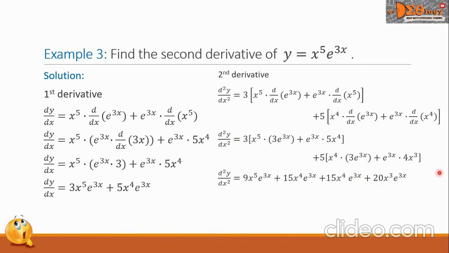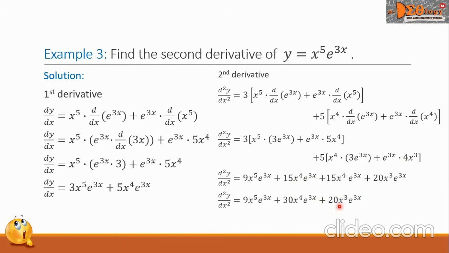On this line, please observe that the middle terms here are similar terms, so we can combine them. So we have 30x raised to 4 e raised to 3x for the combination of these two terms. On this line, please observe that there is a common factor.